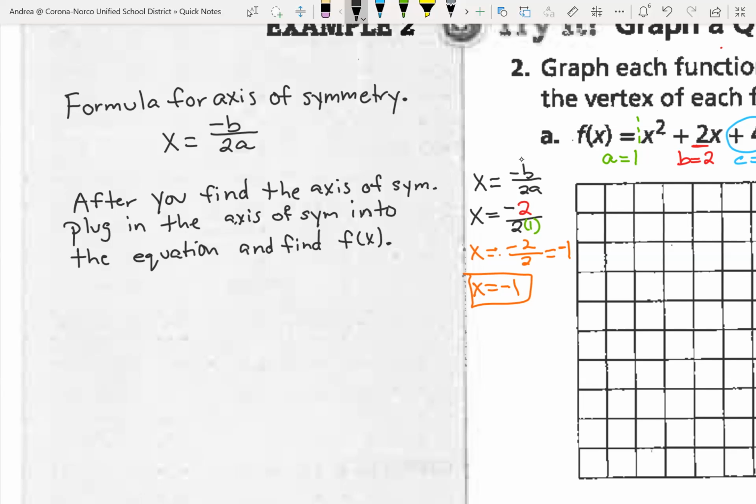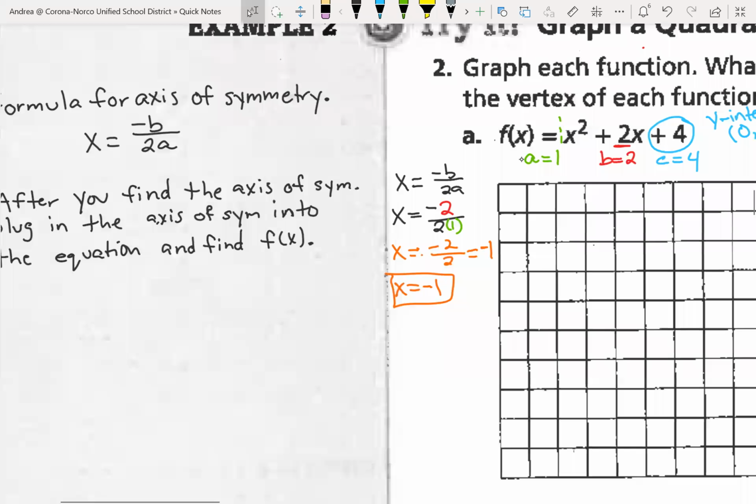So we know that the axis of symmetry is part of the vertex. So in this case, I have the very first piece of the vertex. My vertex starts with negative 1. What I need to know is what the y value is in that, or the f of x value. So now if I plug in negative 1 in for x into my original equation, I can find that. So I'm going to do that work down here.